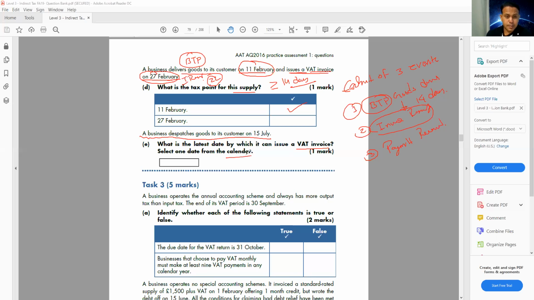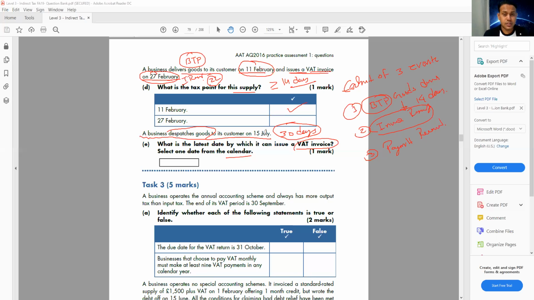So remember, the starting date is the dispatch of the goods. From that day we have 30 days. For most things for VAT purposes, the deadline is 30 days. So 30 days from the 15th of July we have in order to raise the VAT invoice.